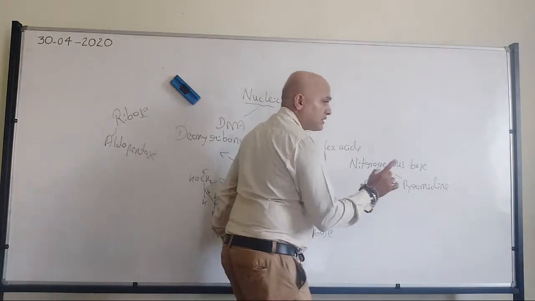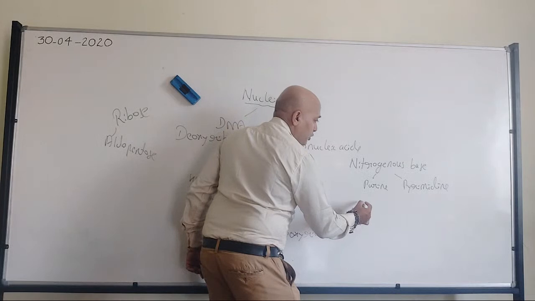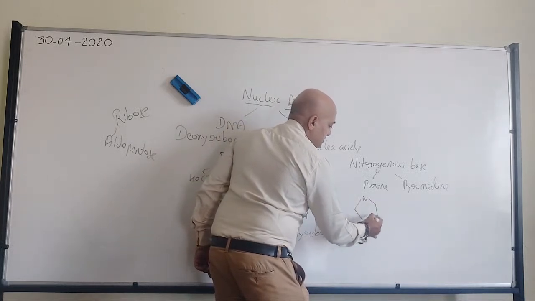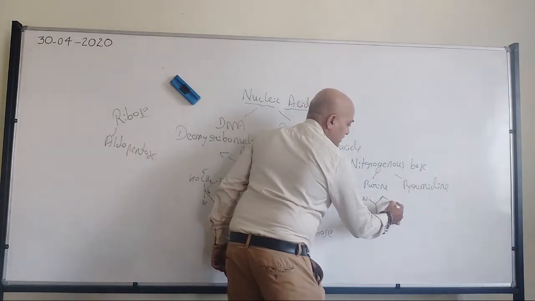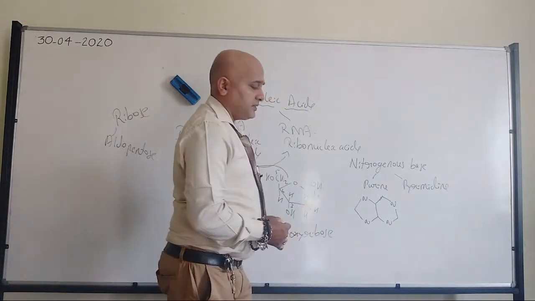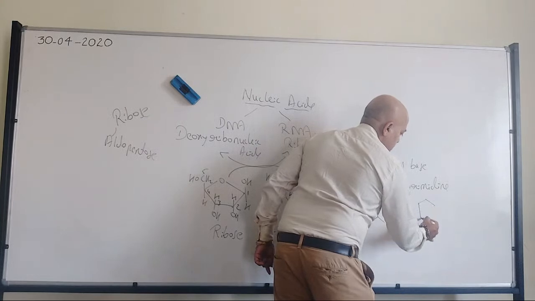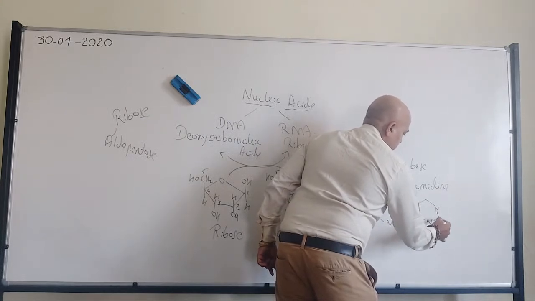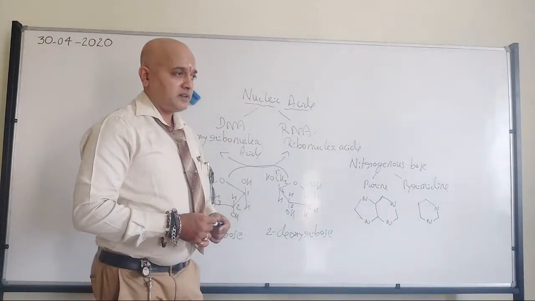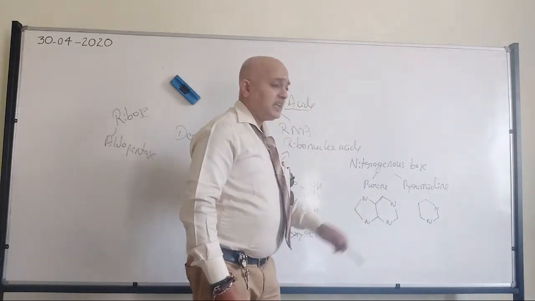Say for example, once again, structure is not required for your paper. When I am talking about purine, it has a double ring structure. This is where I have the purine. If I take pyrimidine, half of this ring, that means this part, that is nothing but pyrimidine. So that's where we have the nitrogen in the ring.